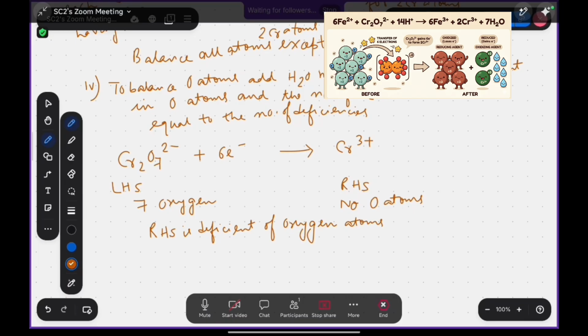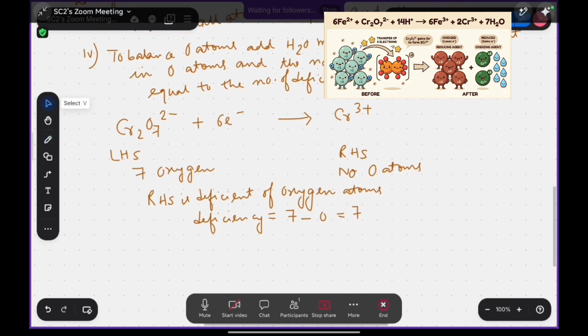How much is the deficiency? 7 on the left hand side minus 0 on the right hand side, so 7. So what will you do? You will add 7 water molecules.